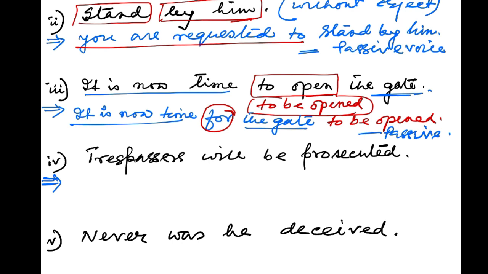Now come to the fourth sentence. One classic example of the passive voice. Trespassers will be prosecuted. Prosecuted by whom? Not given. So you have to supply the subject. It is taken from The Selfish Giant, the Oscar Wilde story.